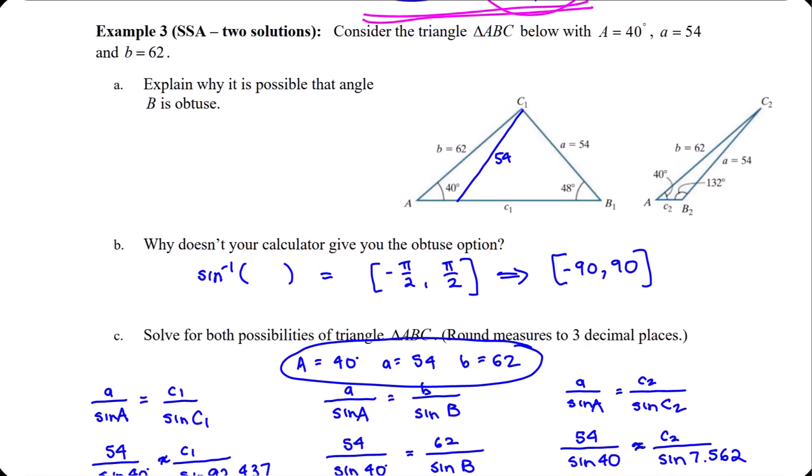Now for the ambiguous case, when two things might happen. So notice we have angle A is 40. Side A, the side opposite, could be 54. And so I have the big triangle for now. And side B is 62.